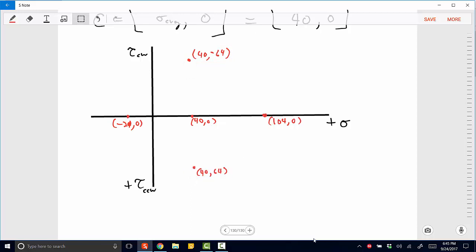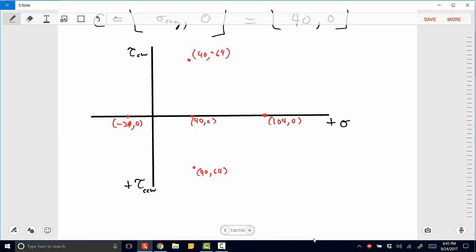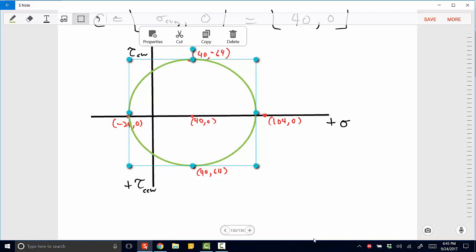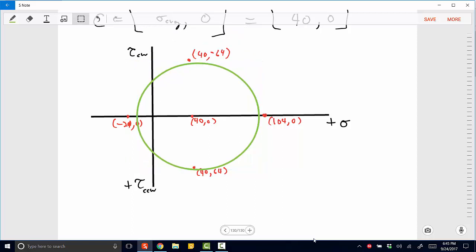But let's go ahead and draw our circle now. Let's make it green, shape feature, and see if we can get a nice circle. Not too bad. We just need to make it more circular and move some of these points over so that they all fit where they should be.